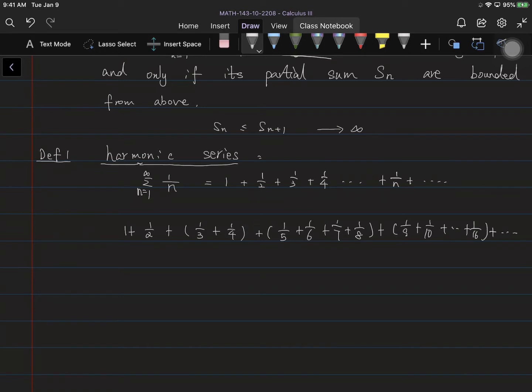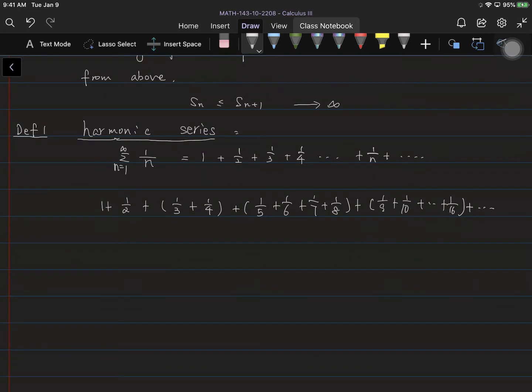Let's write down the first 16 terms and see. For the third bracket here, 1/3 is greater than 1/4. Is that right? And 1/4 plus 1/4, so the whole term here is greater than 2/4, which is 1/2.